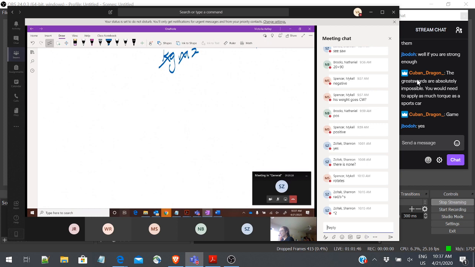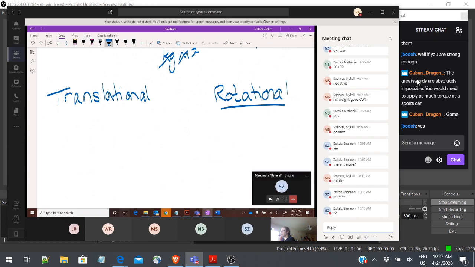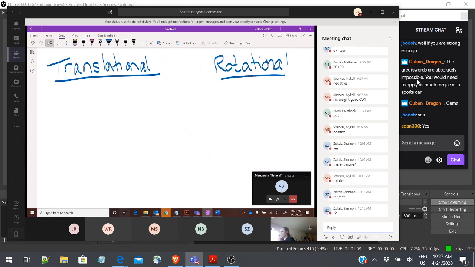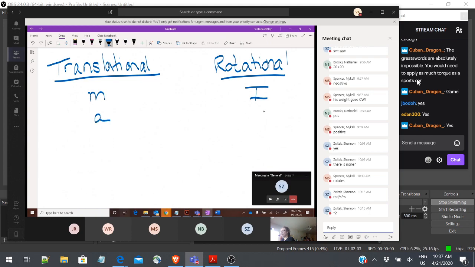So we can think about everything that's translational has a rotational counterpart. So where we had mass, now we have I. Where we had a, now we have alpha. Where we had force, now we have torque.